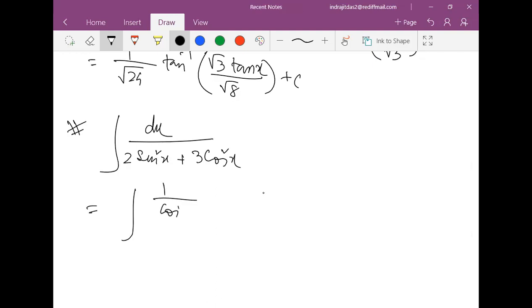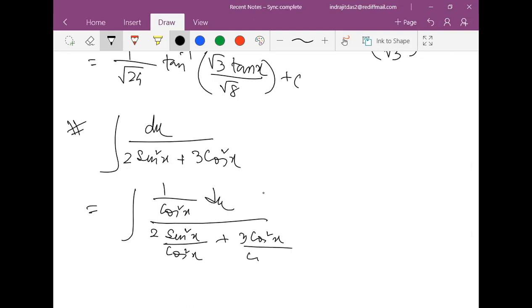So 2 sin square x by cos square x, plus 3 cos square x by cos square x. Whenever the problems are of this type, it will become sec square x dx by 2 tan square x plus 3.